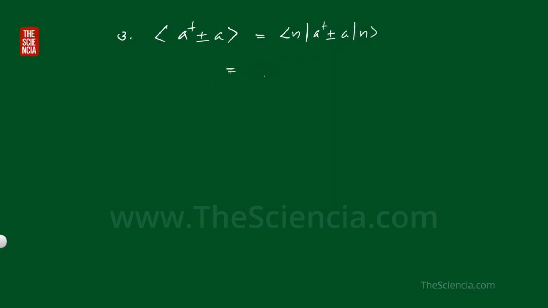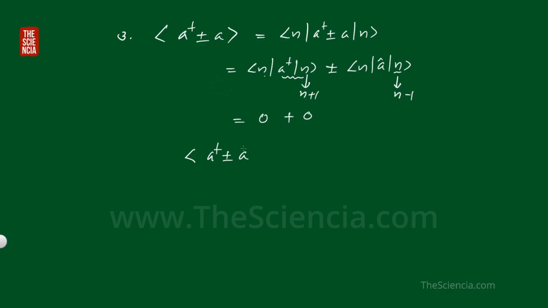We can expand this as ⟨n|a†|n⟩ ± ⟨n|a|n⟩. When a† operates on n, the state becomes n+1, and when the annihilation operator operates, the state becomes n-1. So when we consider the scalar product, this will be 0, and the other term also will be 0. Therefore, the expectation value of a† ± a is also equal to 0.